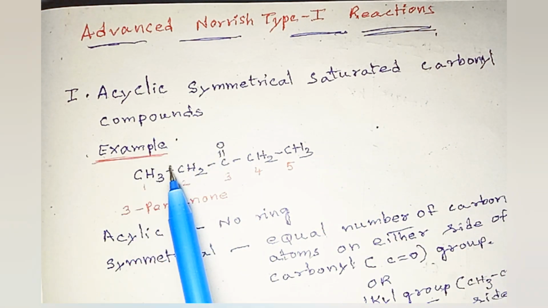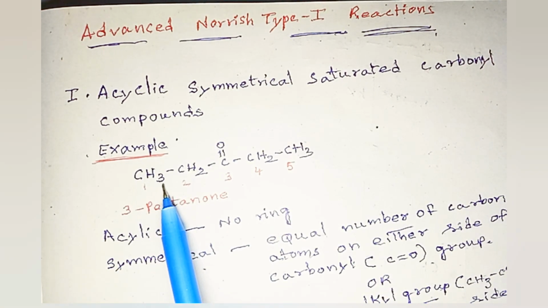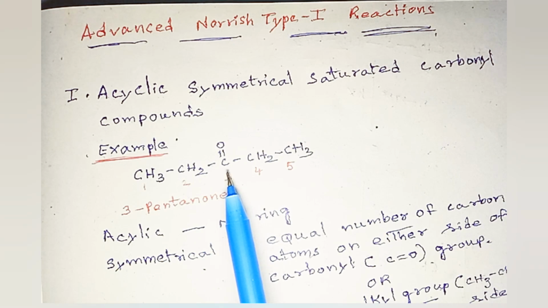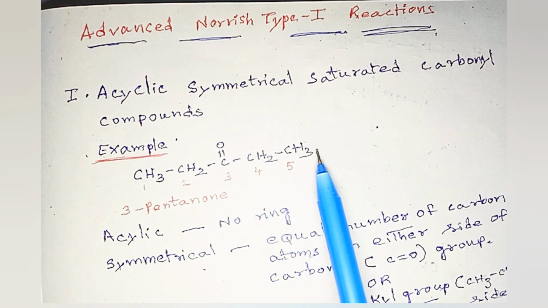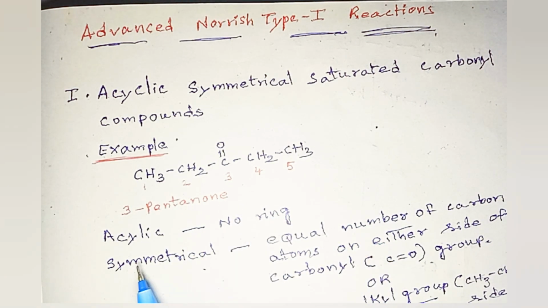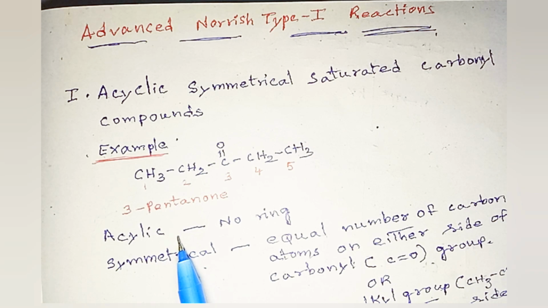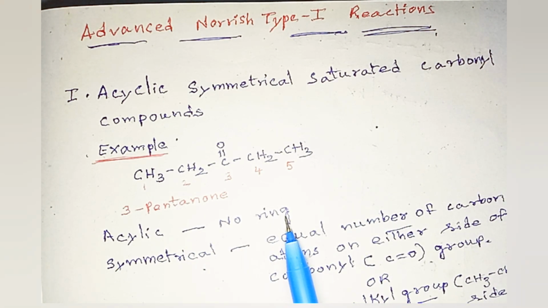Let's take the example of 3-pentanone, which consists of CH3, CH2, C double bond O, CH2 and CH3. This is 3-pentanone. It is acyclic because it has no ring in its structure.